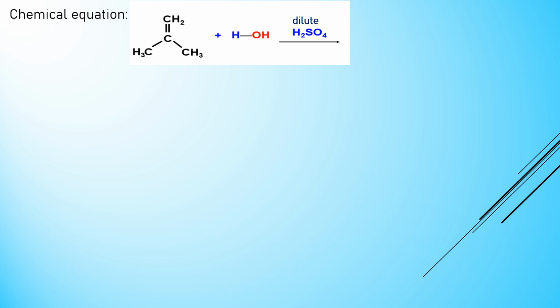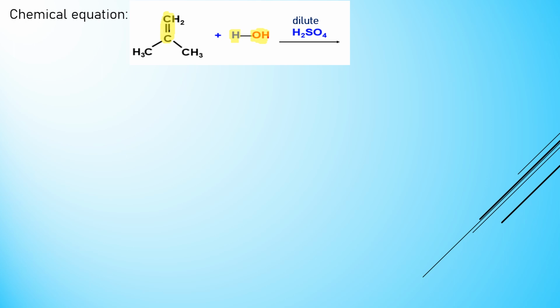Okay, we focus on the carbon-carbon double bond here. Which carbon will be added by the hydrogen, and which carbon will be added by the OH group from the water? By using the Markovnikov rule, the hydrogen is added to the carbon containing the higher number of hydrogens.